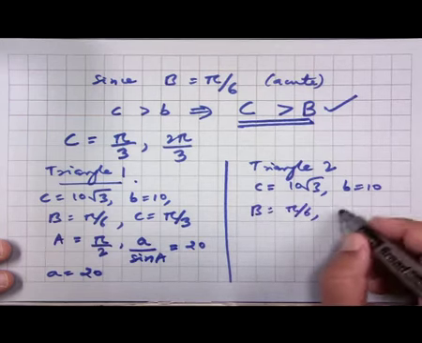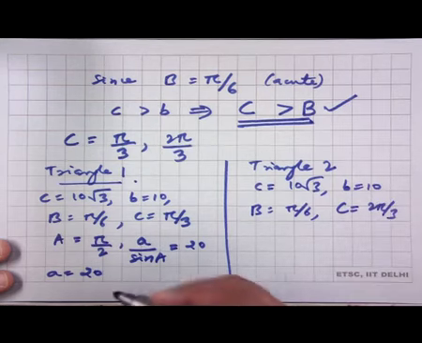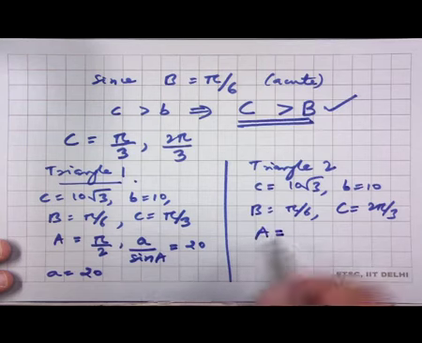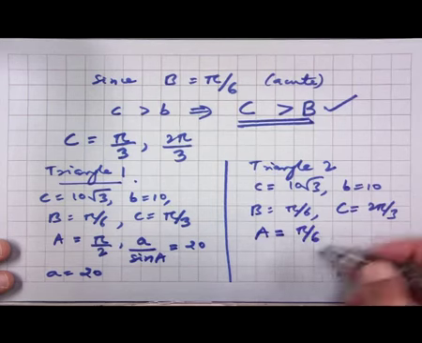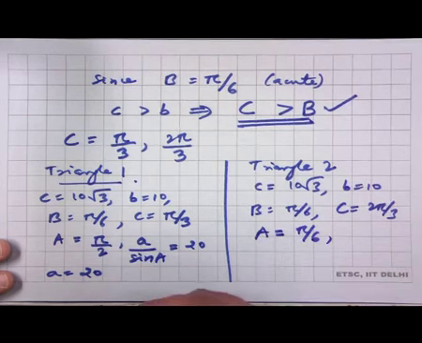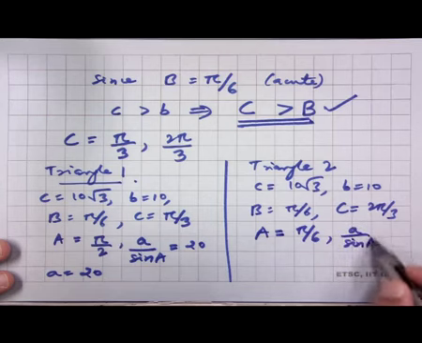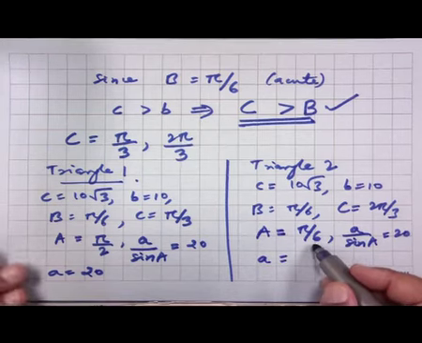The other valid case is when we take angle C to be 2 pi by 3, so this is 120 degrees. Therefore, angle A will be equal to pi by 6, and then because a by sine A is 20, we will get a equal to 20 times sine of pi by 6, which is half.